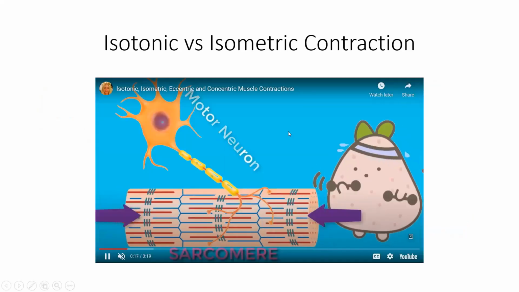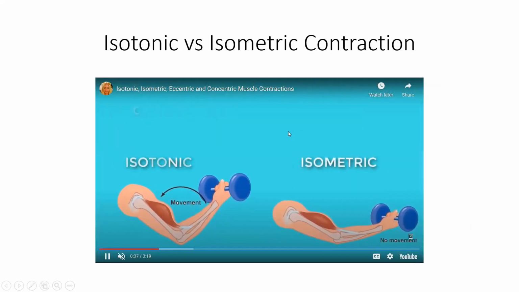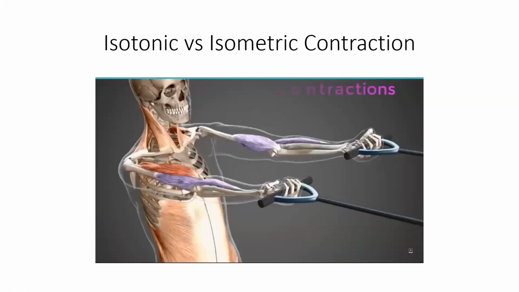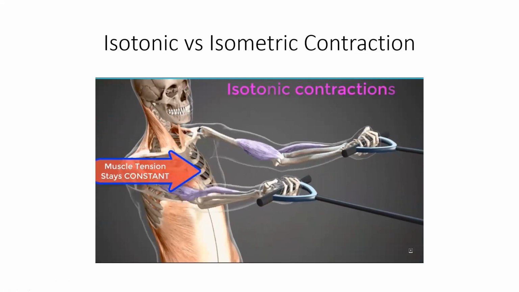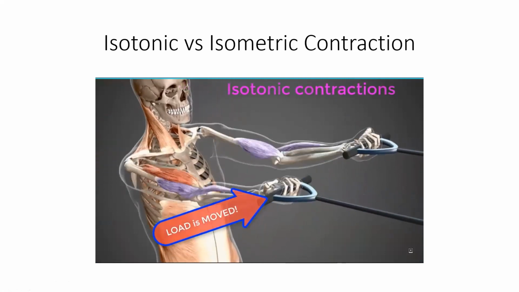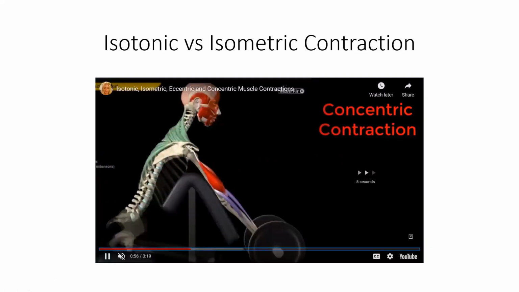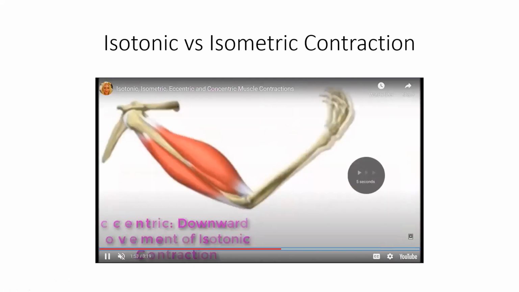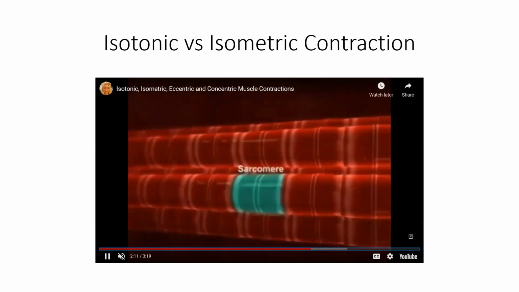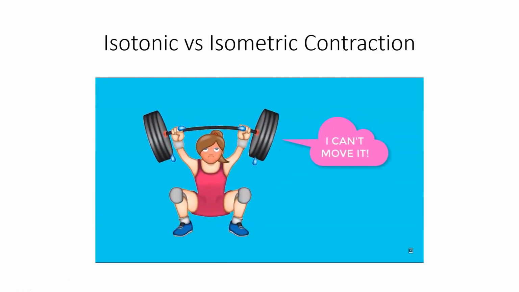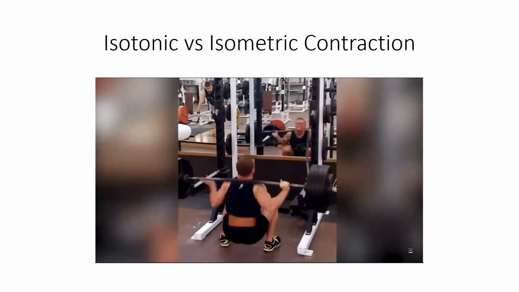Here is our isotonic contraction and isometric contraction. In isotonic contraction, we use flexion and extension movements, yeah? But tension is always produced by the muscle. In isometric contraction, the muscle length is not really changed, but the tension is actually produced, yeah?